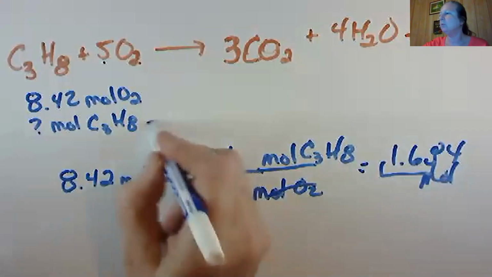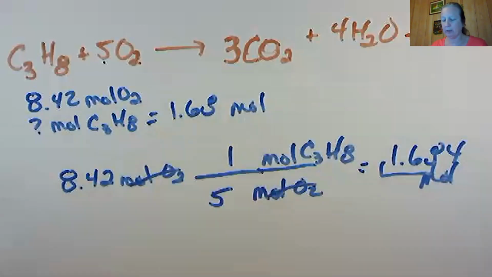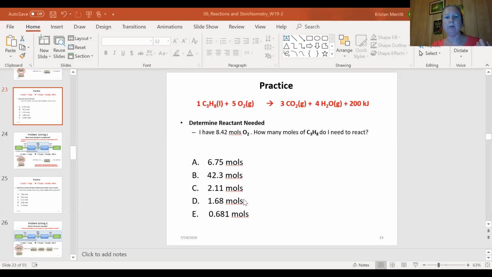So my answer is 1.68 moles of propane. And if we go back to that slide, because the following slide has the multiple choice. And it's right here, D. So the answer is D, if you work this out, which you should.